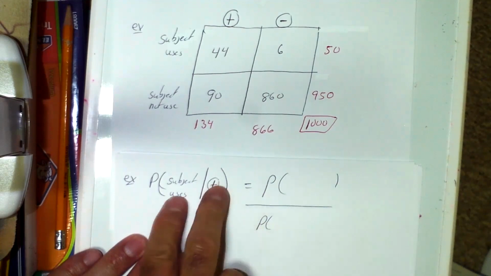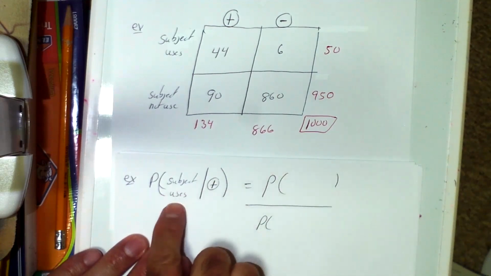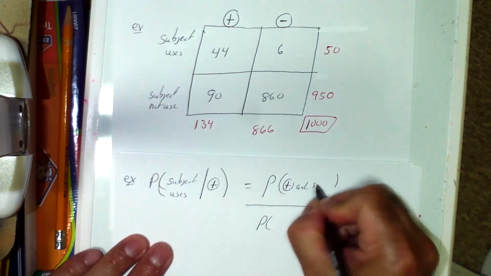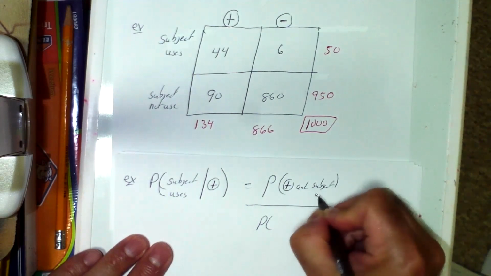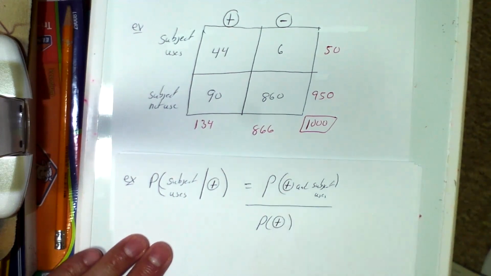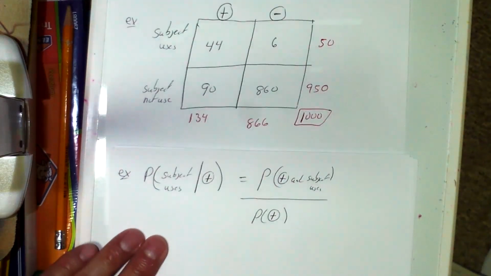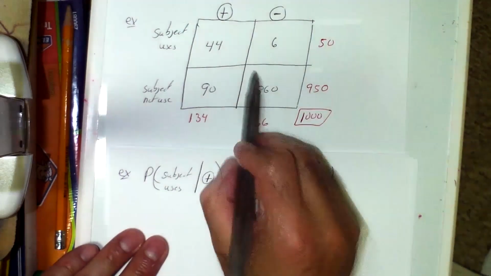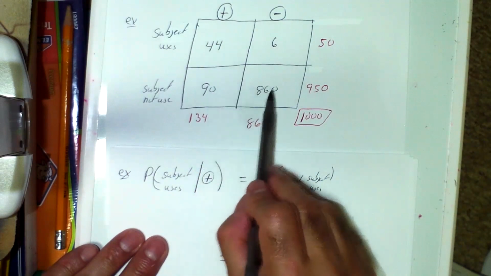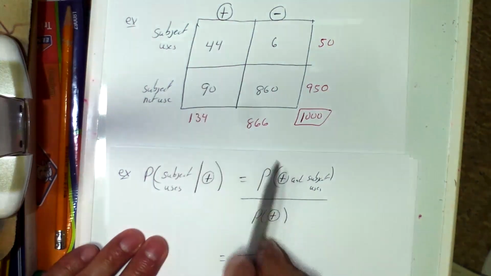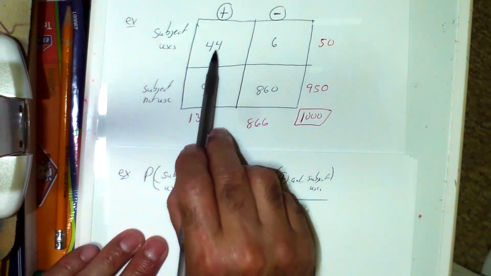So I'm going to swap them. Instead of subject first, plus second, now I do plus first and subject uses, and then I drop the first variable. And so there's your formula. Now you want the numbers. The top number represents a value within the box, where they intersect. Where does plus and subject uses drugs intersect? It occurs at 44.